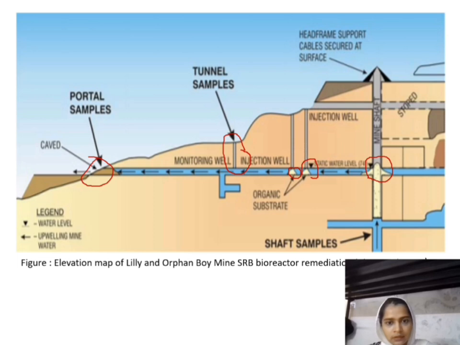From these tunnel chambers and portal chambers, we can identify how much it is cleared, how much toxicity is removed from this drainage. There are several methods and models of acid mine drainage remediation systems, and this is one of the models that I explained here.